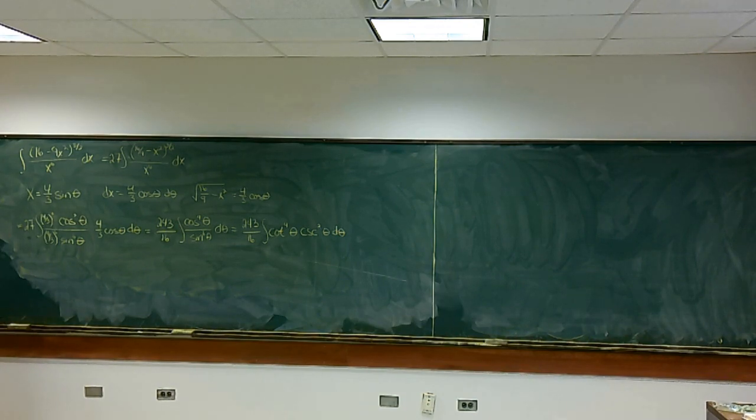You get cosecant to the 6th minus 2 cosecant to the 4th plus cosecant squared. Have fun. That's quite a bit of work. This is easier.